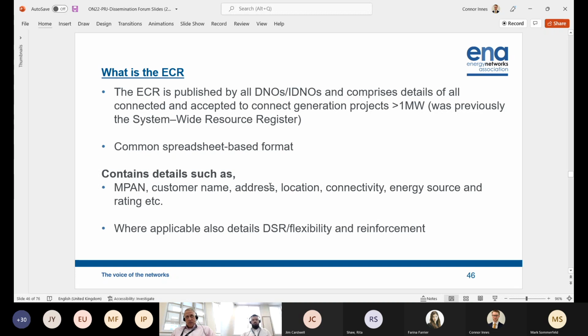In terms of the details that are published, as you can see there, it ranges from customer name, MPAN, the address of the site, the geographic location in terms of X and Y coordinates, where and how it's connected. So that connectivity relates to the connectivity model.